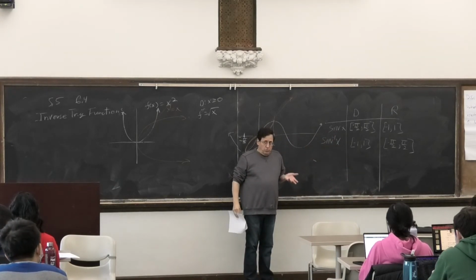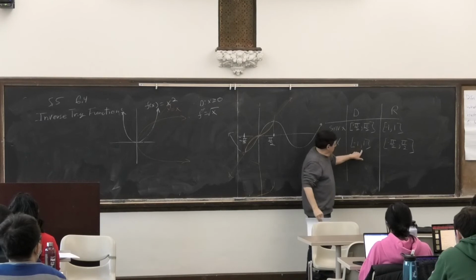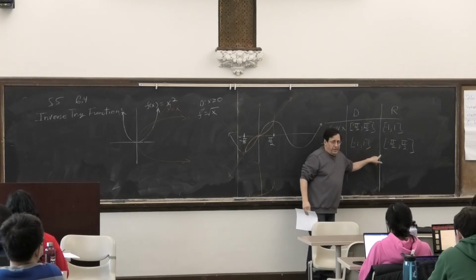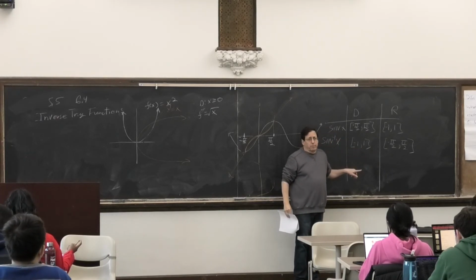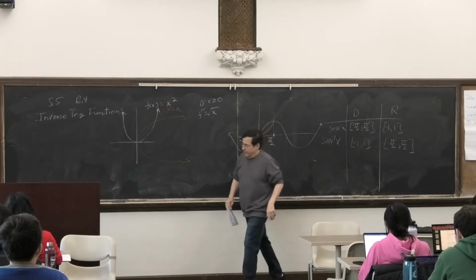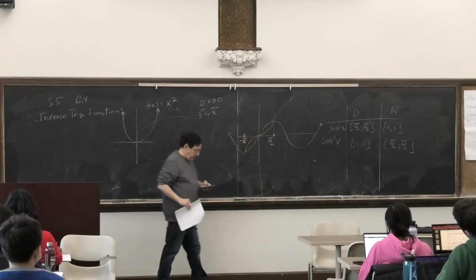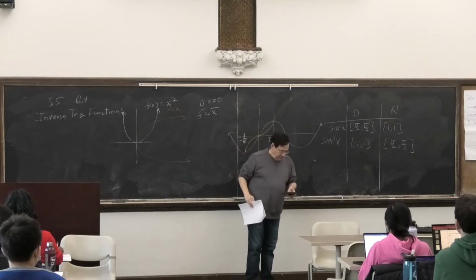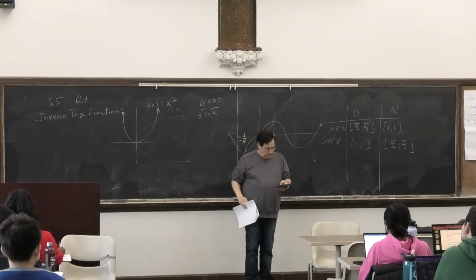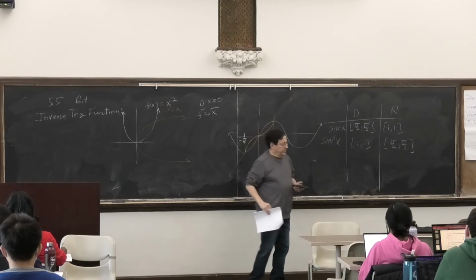If you try with your calculator to plug in a number outside of negative 1 and 1, you're going to get, what does it say? I think it says domain error. But why don't I just say inverse sine of 2. Error, domain.